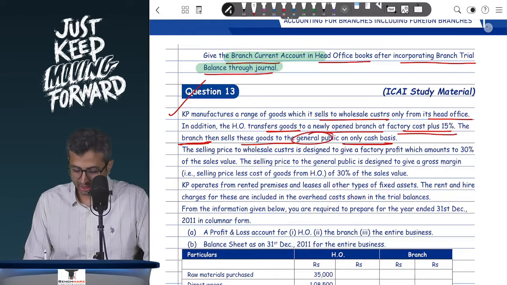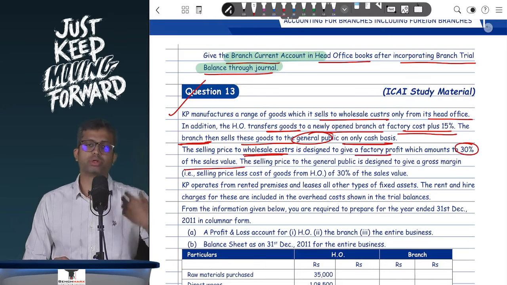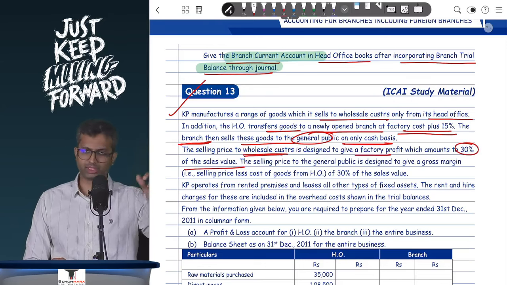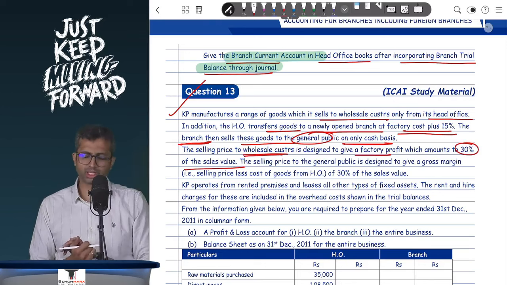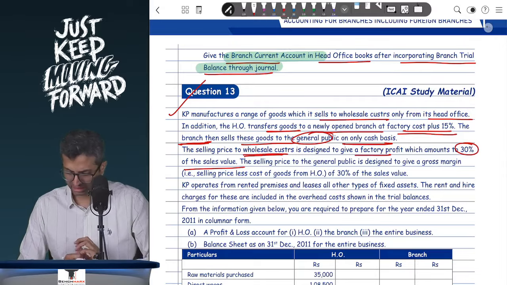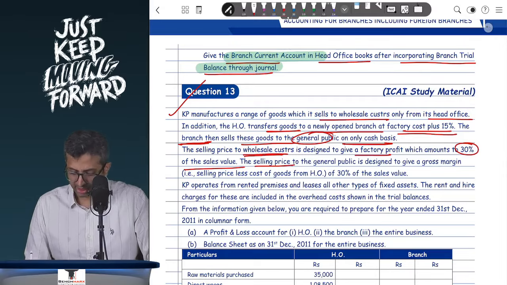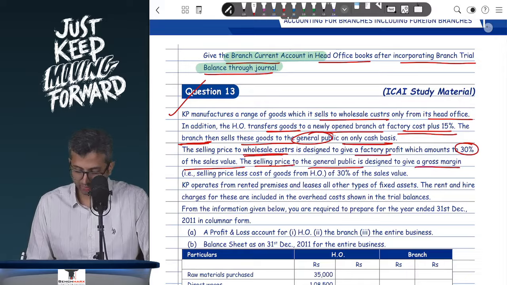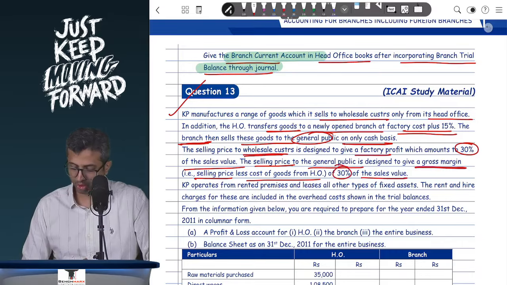Okay. The selling price to wholesale customers is designed to give the factory a profit amounting to 30% of the sales value. So whatever you sell from the head office directly to wholesale customers, there will be a 30% profit on the sales value. The selling price to the general public is designed to give a gross margin, that is selling price minus cost of goods to the HO, of 30% of the sales value.